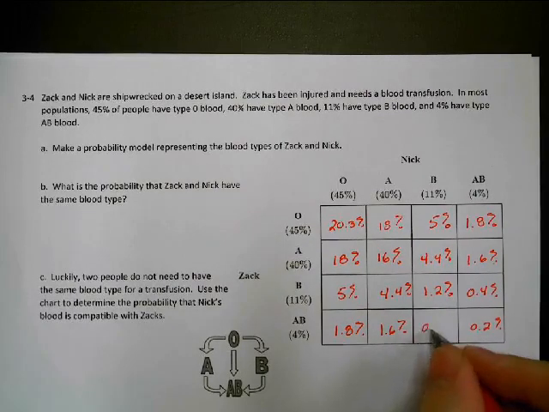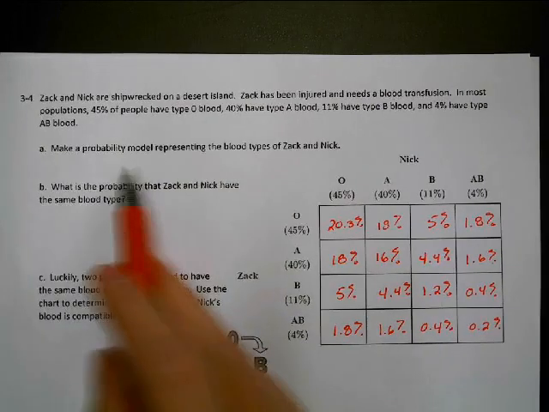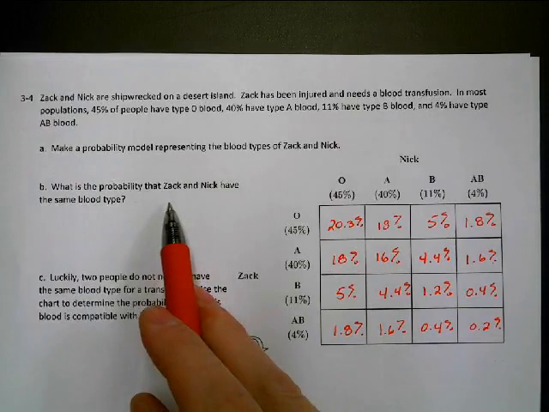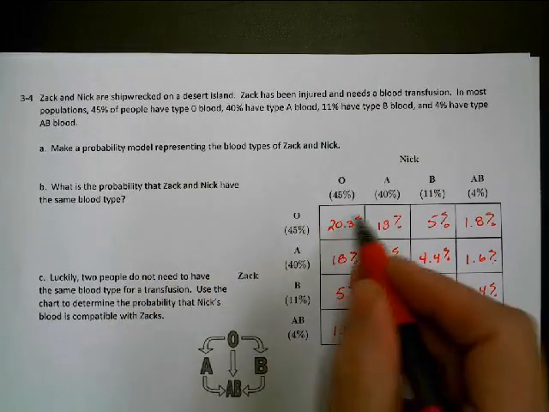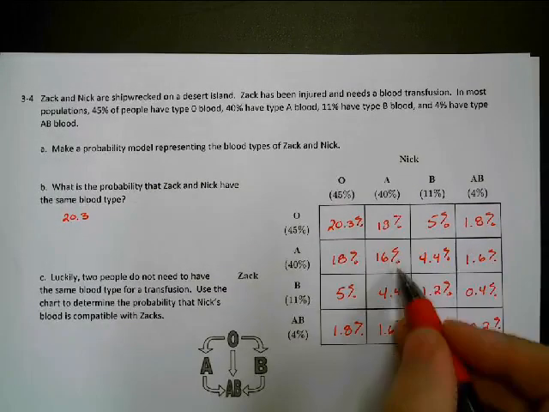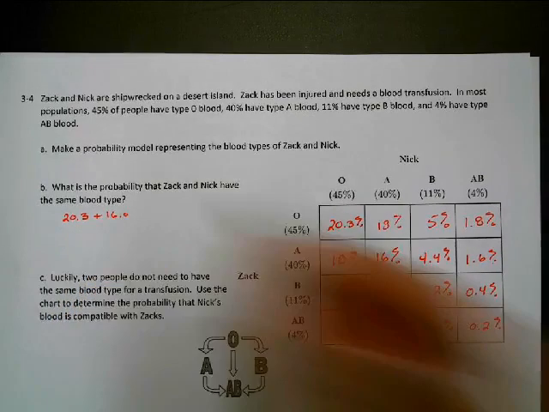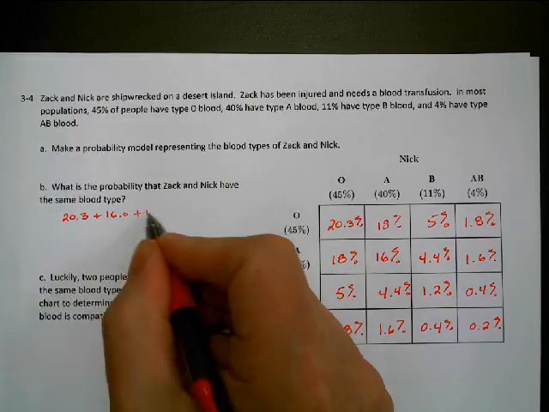All right, so that is a probability model of the blood types for Zach and Nick. What is the probability that Zach and Nick have the same blood type? Well, here they both have O. Here they both have A. Here they both have B. And here they both have AB.